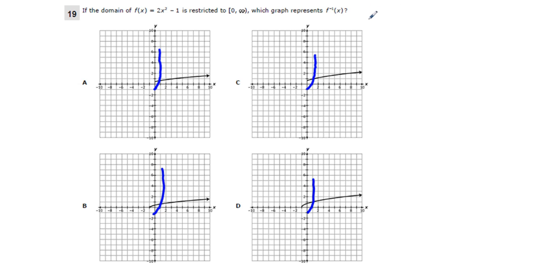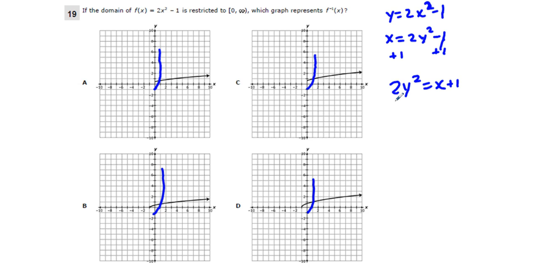Well, another thing you can do is just take the inverse of this and look at what it is. We say, okay, first step, y equals 2x squared minus 1. Okay, and then we go to x equals 2y squared minus 1, and solve for y. Add 1. We get 2y squared equals x plus 1, and then divide by 2.